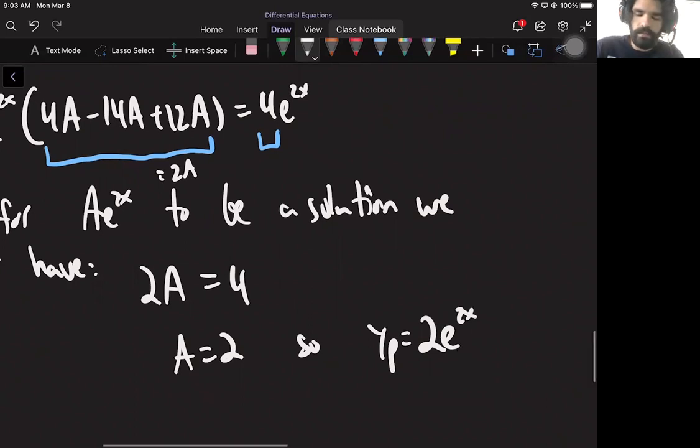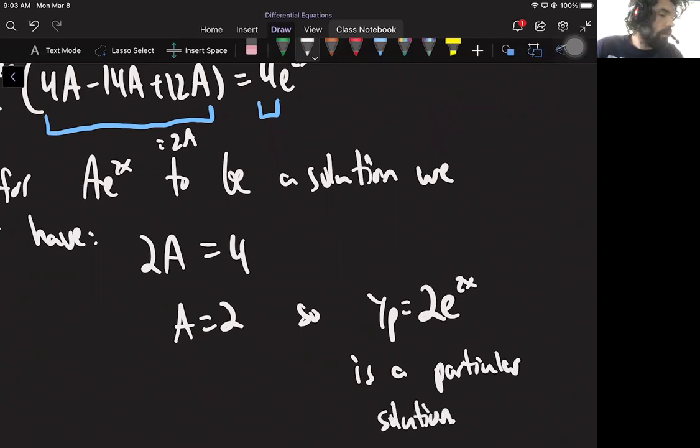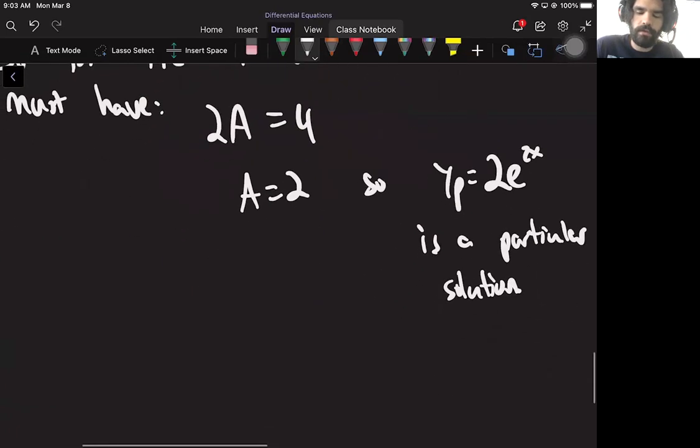So my particular solution is yp equals 2e to the 2x. And that's it. You can check by plugging it back in that it'll work, if you like. Then the general solution just comes from solving the homogeneous version.